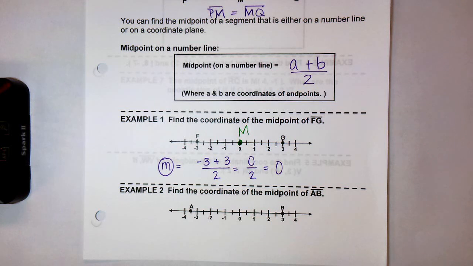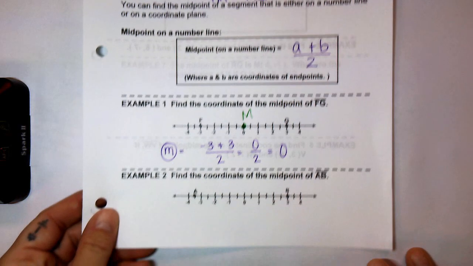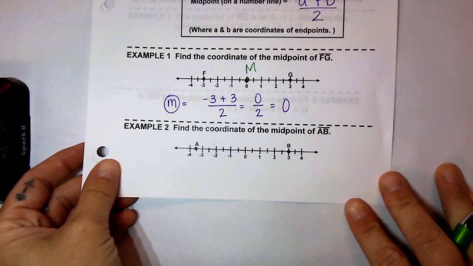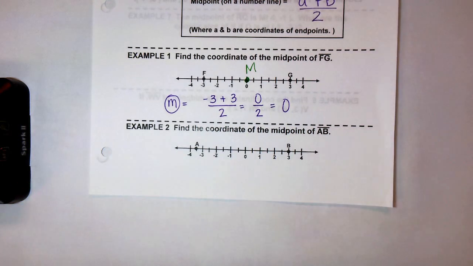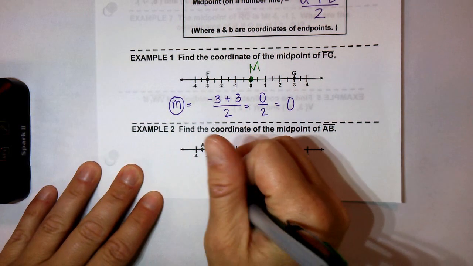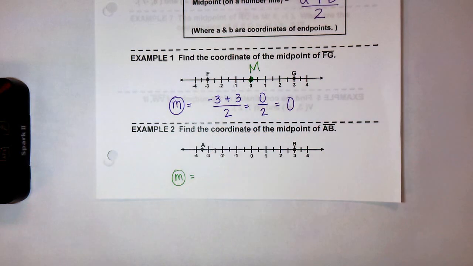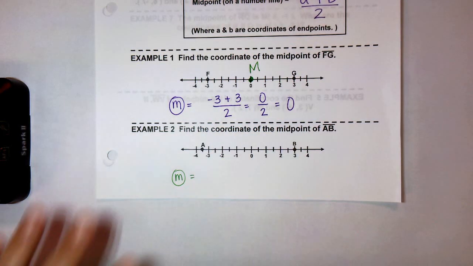What do you think? All right, let's try example 2. So I know my formula, but what is A? Good, -3.5.